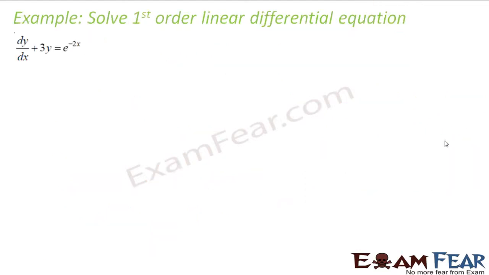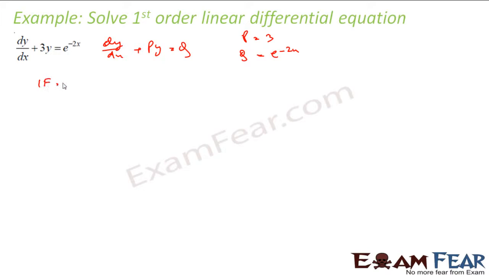So let's solve some questions on this. We have to solve using the first linear differential equation. You can see that this is of the form dy by dx plus py is equal to q, right? So p is equal to 3 and q is equal to e to the power minus 2x.